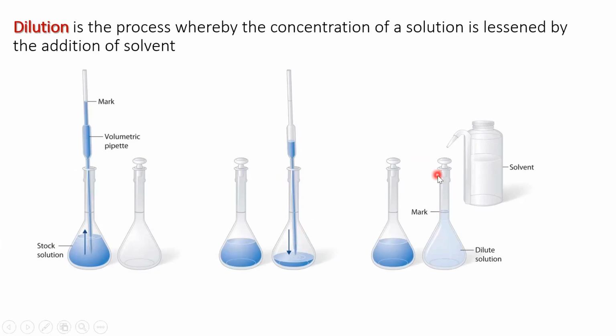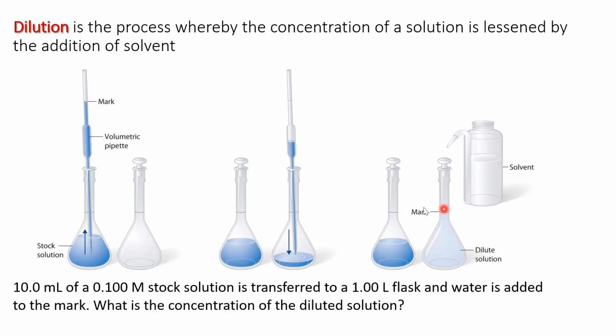Then we would add the solvent to get to the etched mark in that new volumetric flask, and we would dilute that solution. We dilute the solution by adding solvent to water down the original solution. So we're not going to be changing the amount of solute, but we're going to change the total volume of the solution when we go through a dilution.